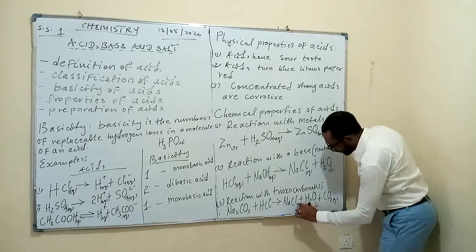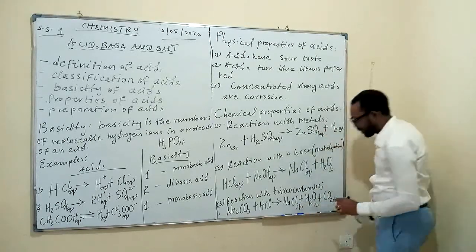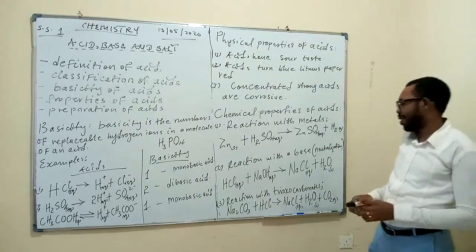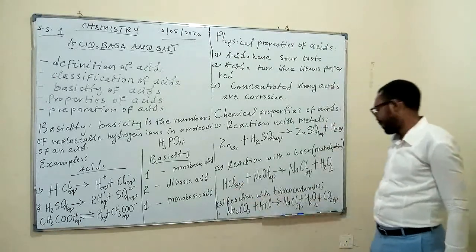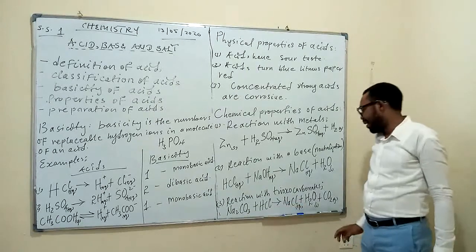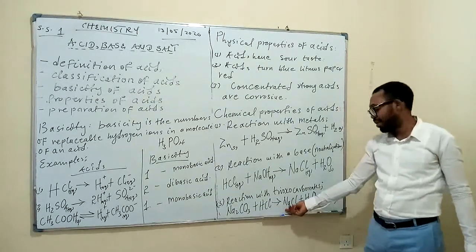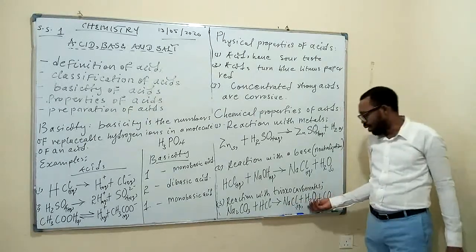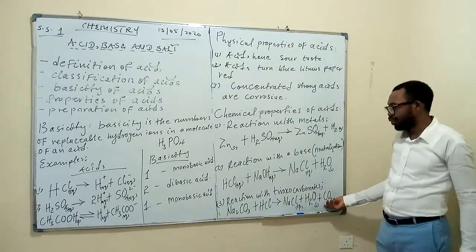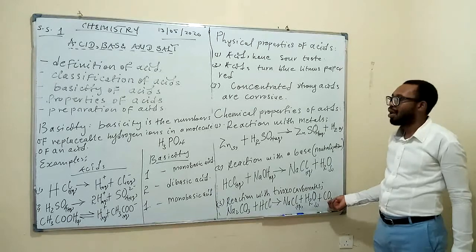This is a liquid, it is in aqueous state. So when trioxocarbonate compounds react with acid, it produces the corresponding salt of the metal, and produces water, and then it will also produce carbon (IV) oxide.